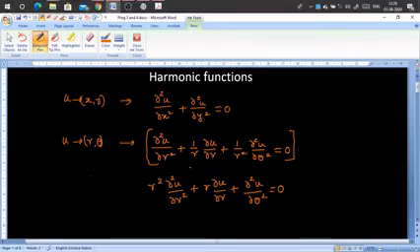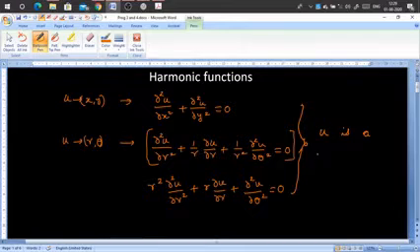Okay, so if u satisfies this equation, if it is in terms of x and y, or if it satisfies this equation if it is in terms of r and theta, then we say that u is a harmonic function.